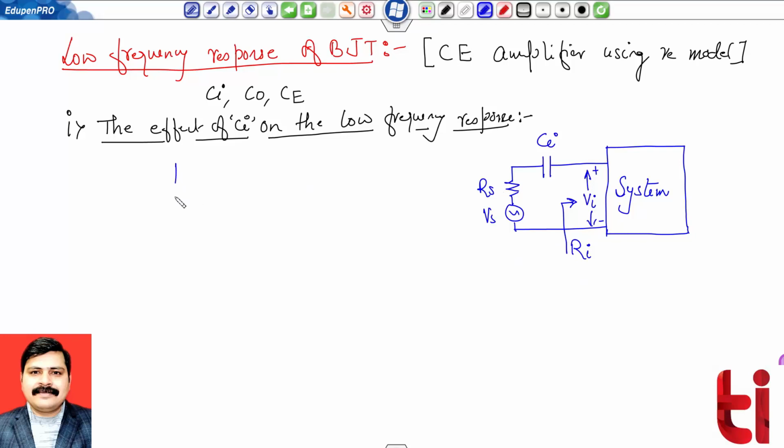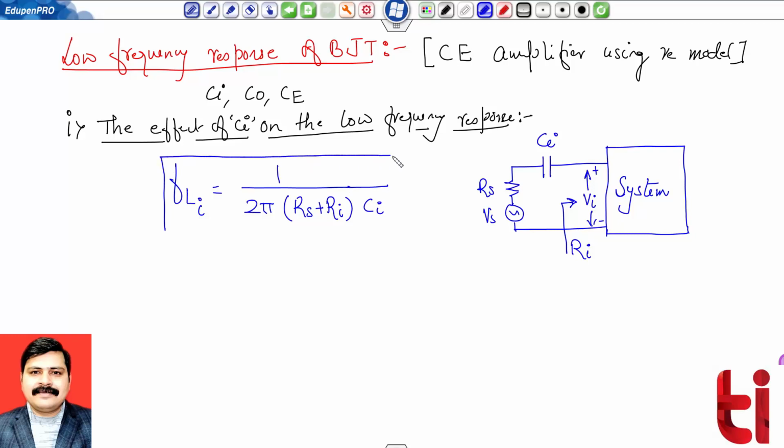Therefore, the value of fLi, where I use the notation i because we are dealing with the input side capacitor, will equal 1 upon 2 pi, and rather than R, we will have Rs plus Ri, where Rs is my source resistance and Ri is the overall input resistance of the system, multiplied by Ci. We have this lower cutoff frequency when only the input capacitance is considered in the entire system.